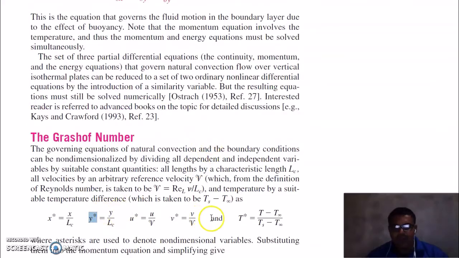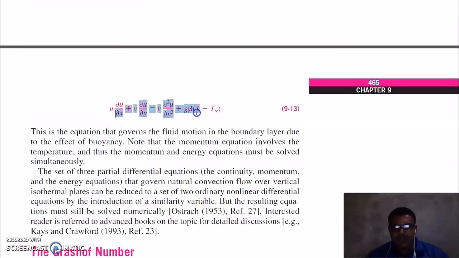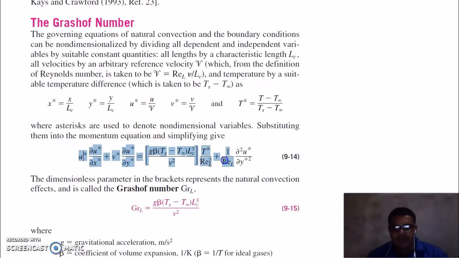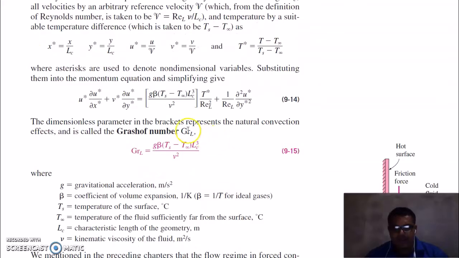Now when you put all these dimensionless numbers into this equation, you will get this equation here. This parameter in brackets is the dimensionless parameter that represents the natural convection effects and is called the Grashof number.